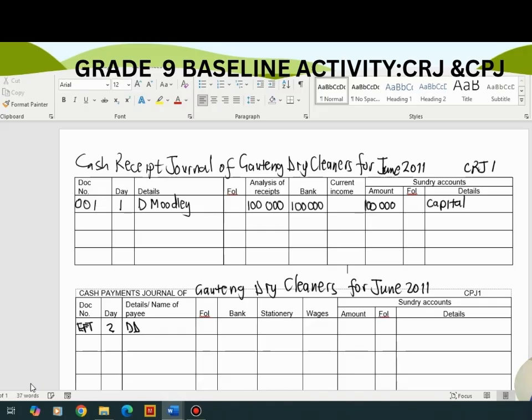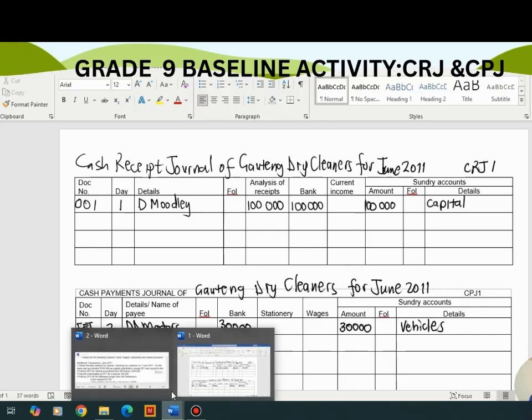Name of payee is DD Motors. Folio is for credit transactions. How much was paid by the business for the car? They paid 30,000. We do not have a column for vehicles, so it goes to the sundry accounts. If there's no column, go to sundry accounts. The amount is 30,000. Then the detail is vehicles.